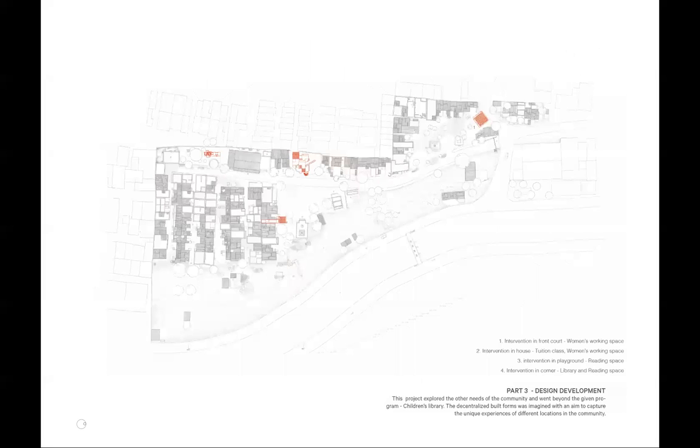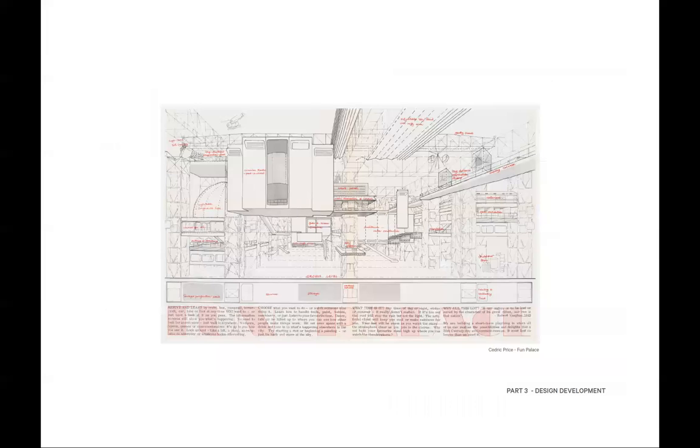The last sample is of Karthik. This project explored the needs of the community and went beyond the program of children's library. The decentralized built forms were imagined with an aim to capture the unique experience of different locations in the community. So his proposal was inspired by Cedric Price's Fun Palace.